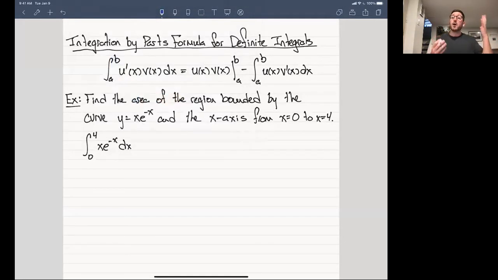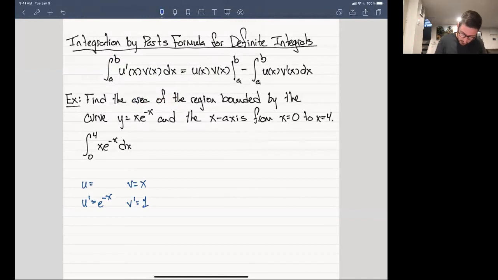So what I see is a polynomial multiplied against a transcendental function, an exponential. I know that under derivatives, polynomials disappear. So I want my u prime equal to e to the minus x, and v equal to x. It tells me that v prime is going to be 1. It disappears under differentiation.